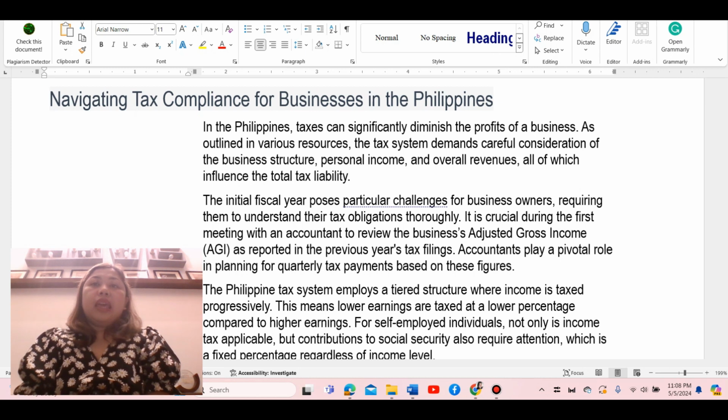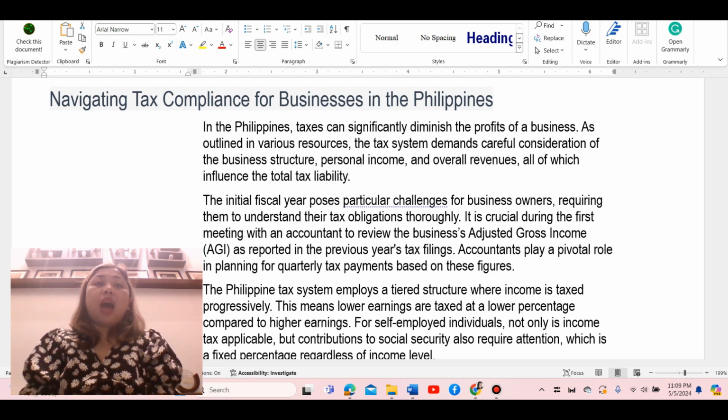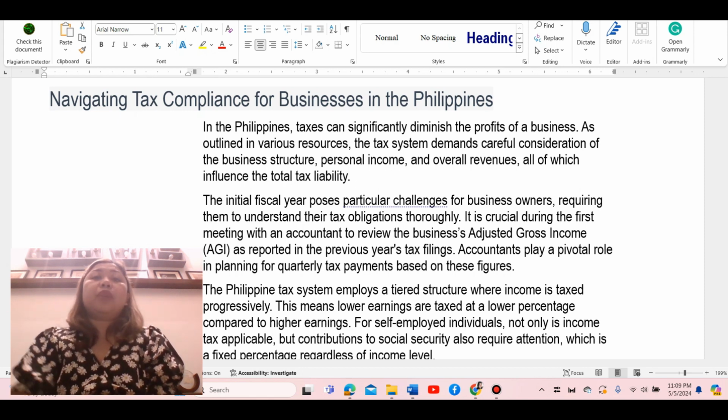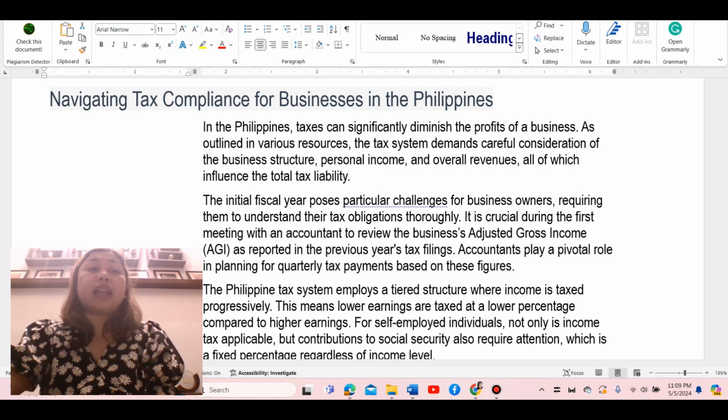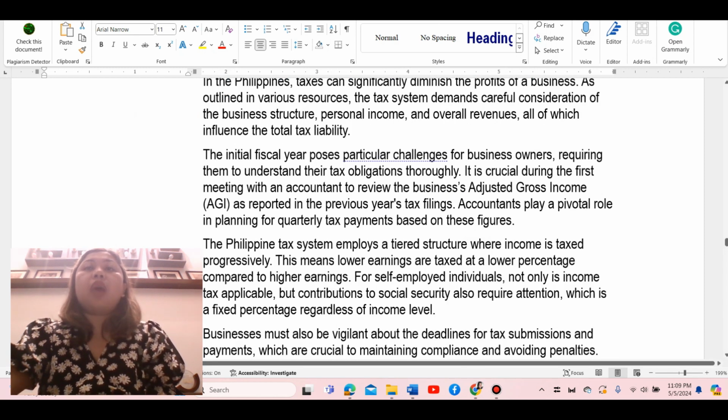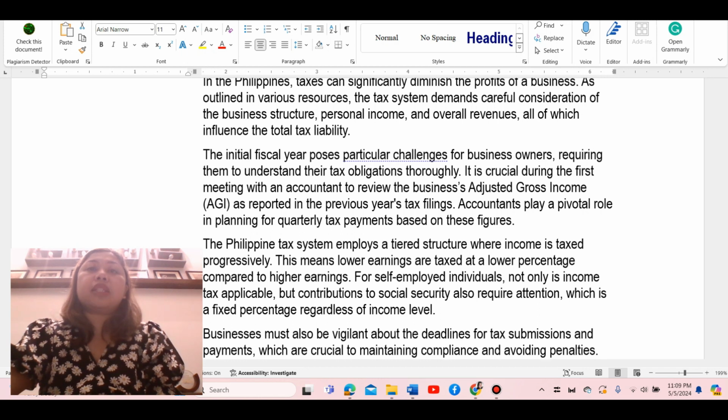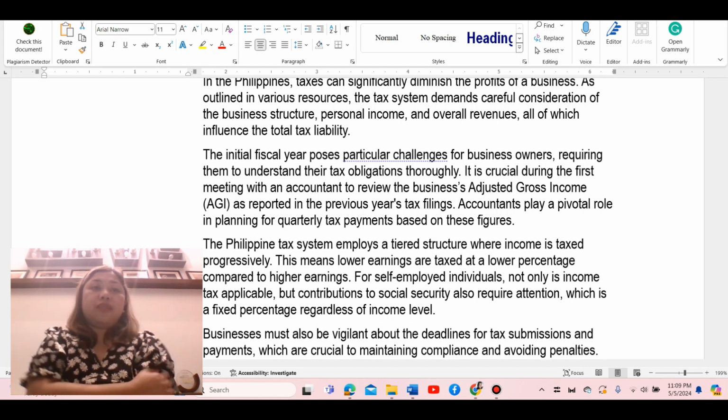thoroughly. It is crucial during the first meeting with the accountant to review the business adjusted gross income or AGI as reported in the previous year's tax filings. Accountants play a pivotal role in planning for quarterly tax payments based on these figures.